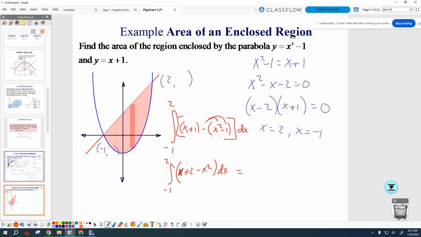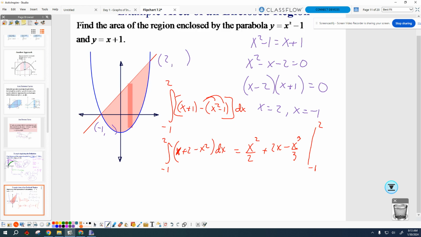Alex, integrate that. So I have 2x. So x squared over 2 is 2x minus x to the third over 3. Gross.